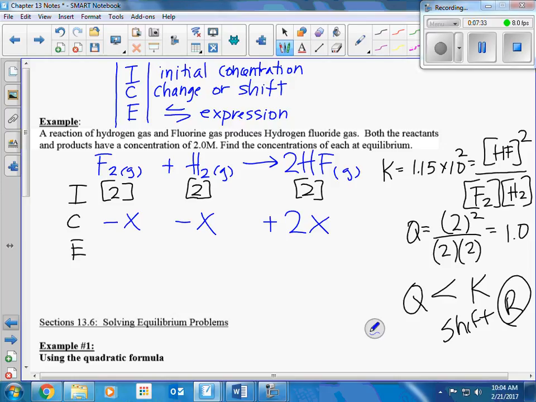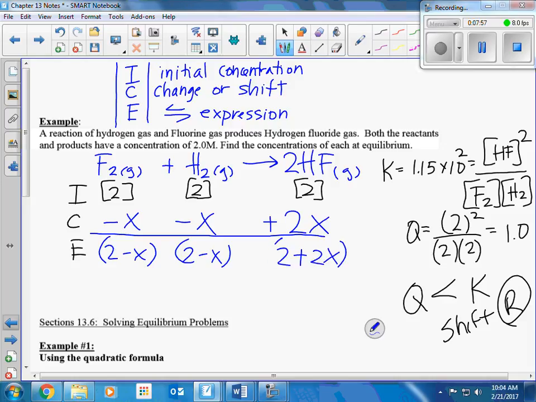Okay? All right, so I have my initial concentration, I have my change. Now I'm going to write my equilibrium expression, and sometimes I kind of think of it like this, where you're adding them together. So now it's going to be 2 minus x is this expression. This one's also 2 minus x. And then this one is going to be 2 plus 2x.